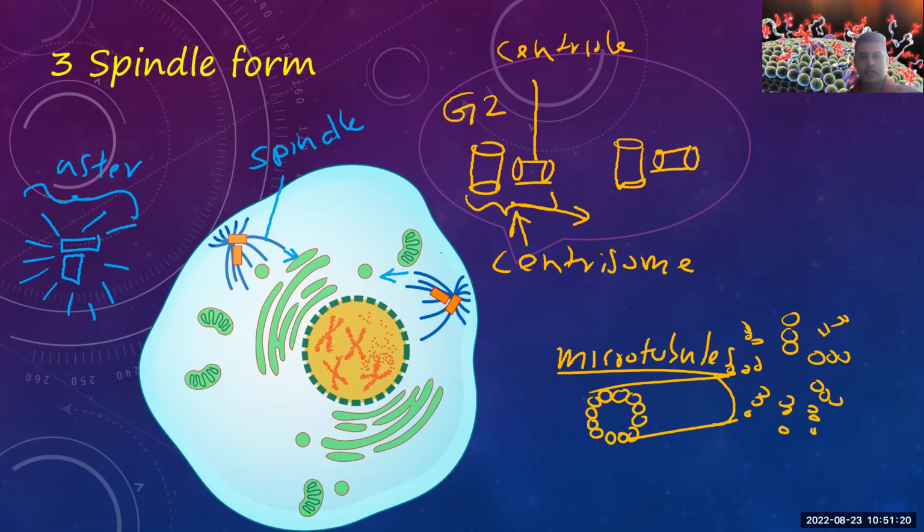They form from both centrosomes, and we call this one pole and this the opposite pole, because in a sphere, one end is called the North Pole, the other the South Pole, like Earth. In the same way, the cell is round, and one side is one pole, the other side is another pole. Right?